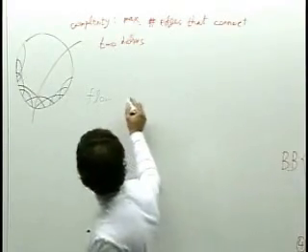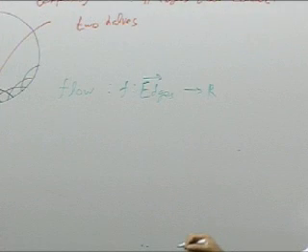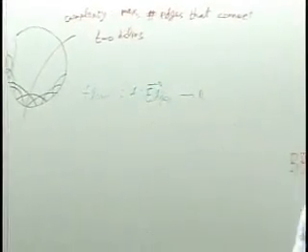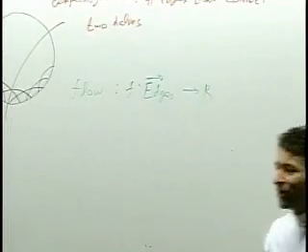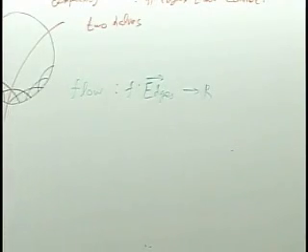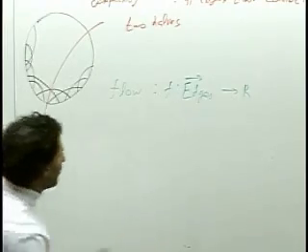So a flow is a function f from the directed edges to the reals, and it's anti-symmetric. So along each edge, you can think of something flowing either in one direction or the other, and you want it to be preserved at each vertex. So that's a flow.